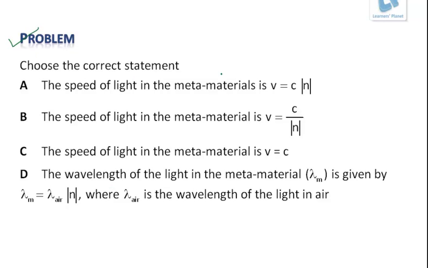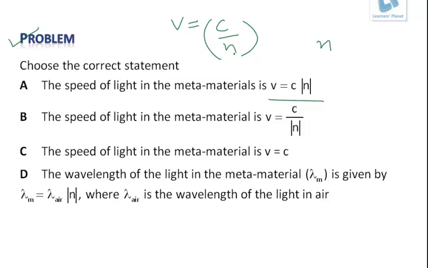Choose the correct statement. The speed of light in metamaterials is v equal to c n. No, that cannot be true, because even if n is negative, the speed of light will be given by v equal to c by n.